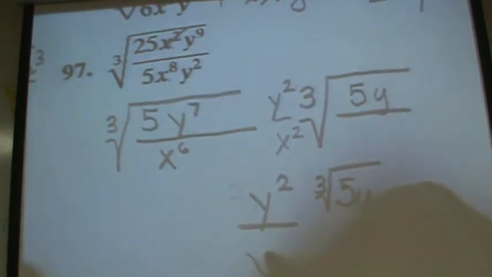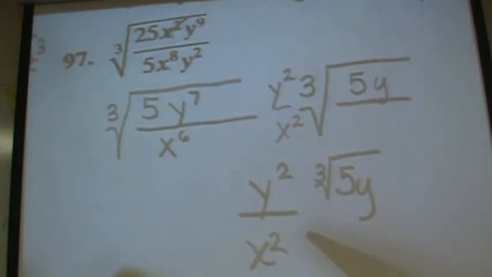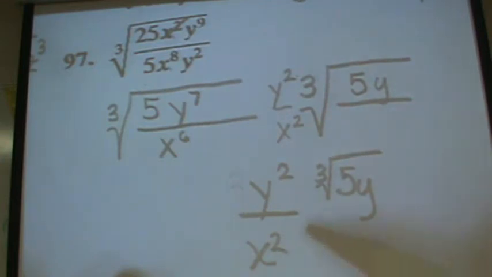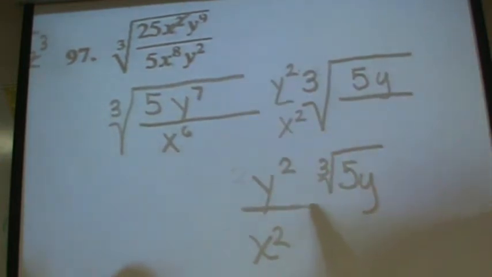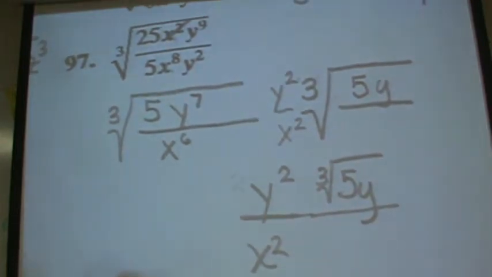and then you can have x squared. You can have it like that, or you can put it all over. It's up to you how you want to write this. You can write y squared over x squared times the cube root of 5y, or you can put that like that and then over x squared. Either way is fine.